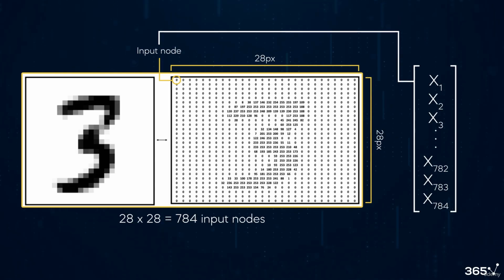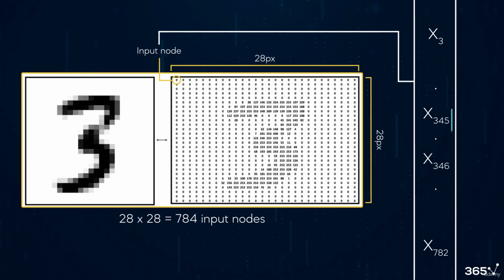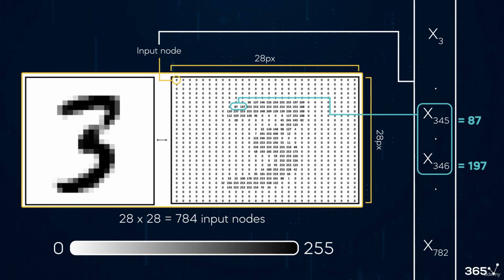Each of the 784 input nodes contains a number based on how bright or dark it is. Here, 0 represents white, while any value greater than 0 indicates a color other than white. We call this number activation. The higher the number, the darker the content inside a given node.